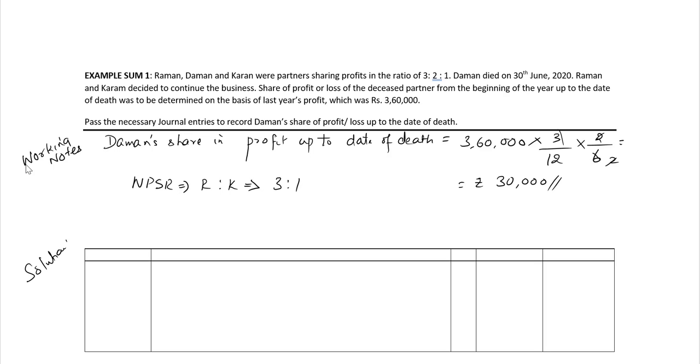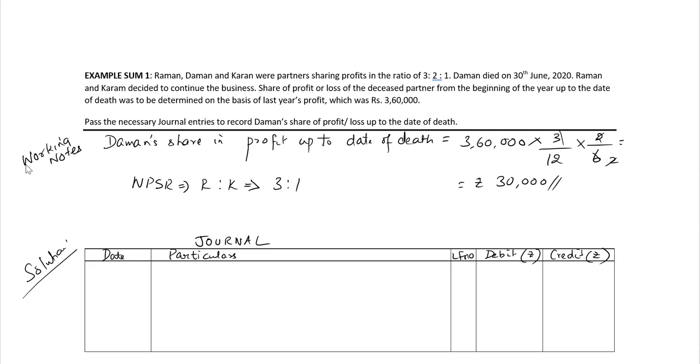Solution, journal. We have date, particulars, LF number, debit rupees and credit rupees.